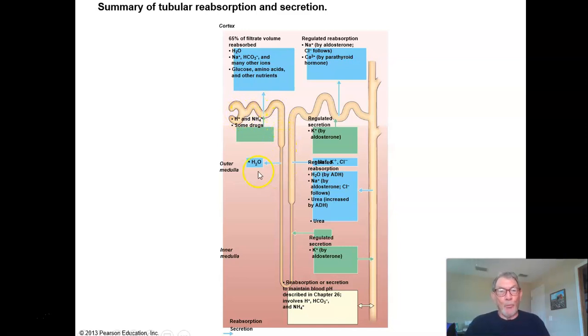Then you reabsorb water here. You reabsorb a bunch of electrolytes and things here. And then you fine-tune all the way through the collecting duct with signals from antidiuretic hormone, aldosterone, parathyroid hormone, atrial natriuretic peptide.